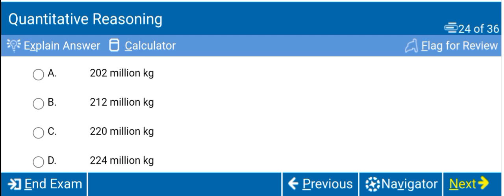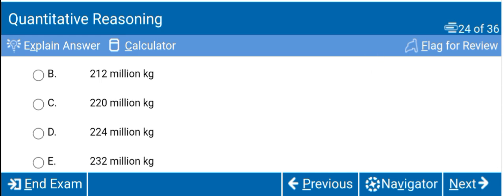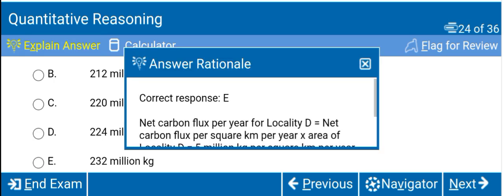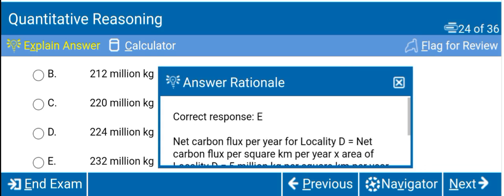Option D, 224 million kilograms. Option E, 232 million kilograms. So let's see which one is the correct option and which one is incorrect. So here we have correct response is option E.